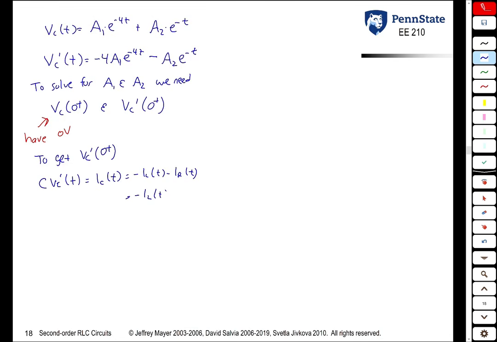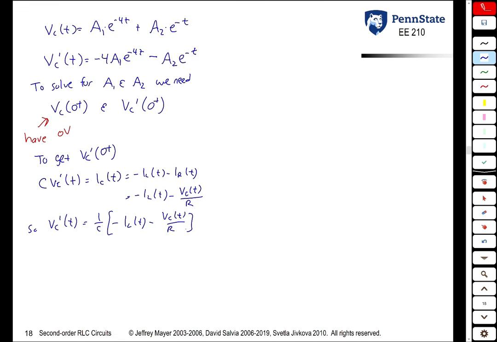And IR of t is nothing more than VR of t over R, and VR is the same as VC. So that means that VC prime of t is 1 over C times minus IL of t minus VC of t over R.